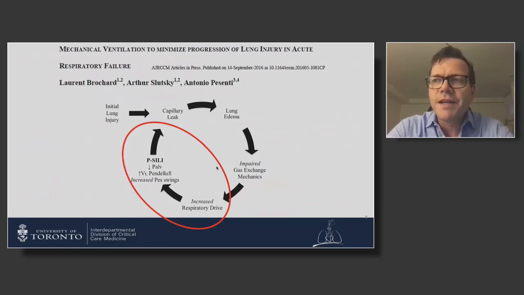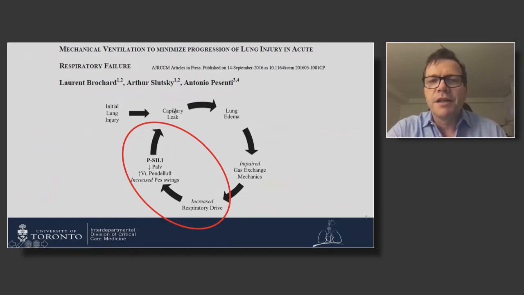So we've known about ventilator-induced lung injury for 25 years, but now we're recognizing increasingly that the patient may also be contributing to this. And this is a nice review article or a thought piece that Laurent Brochard, Slutsky, and Antonio Pesenti, three of the sort of international giants of mechanical ventilation, put together a couple of years ago. So you start off here with a patient who has an initial lung injury from whatever cause, pneumonia, sepsis.